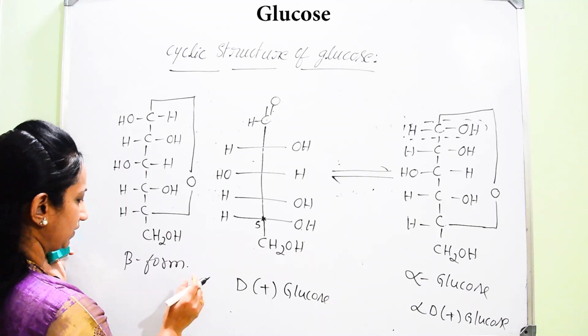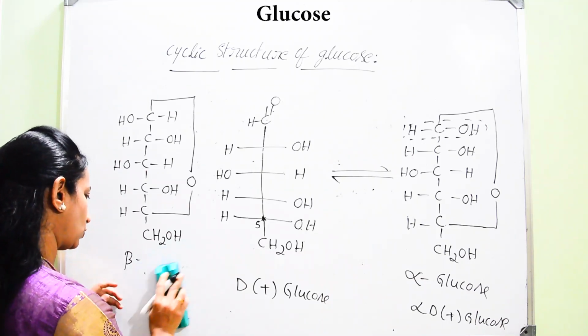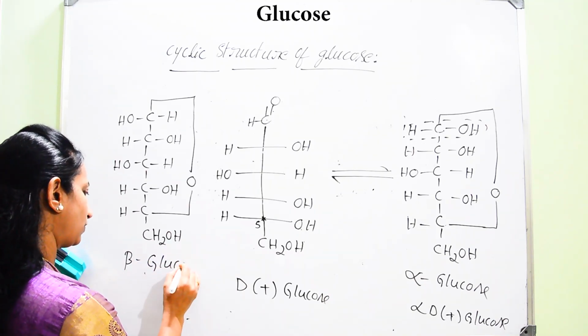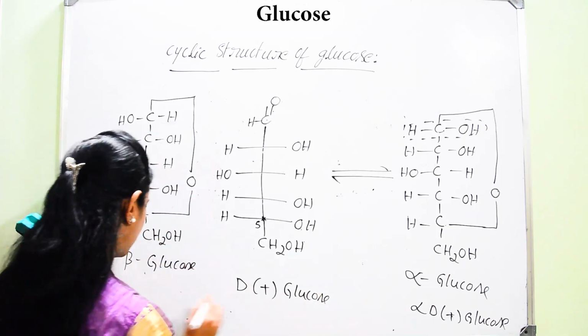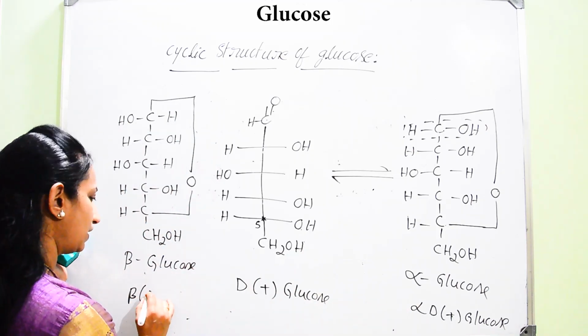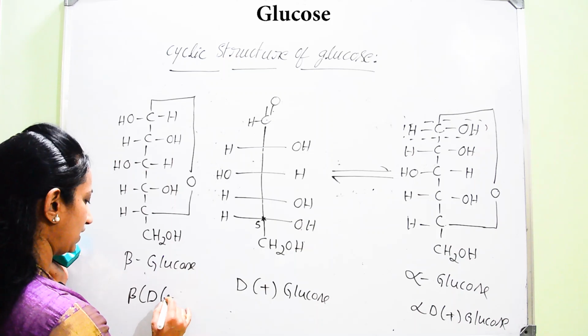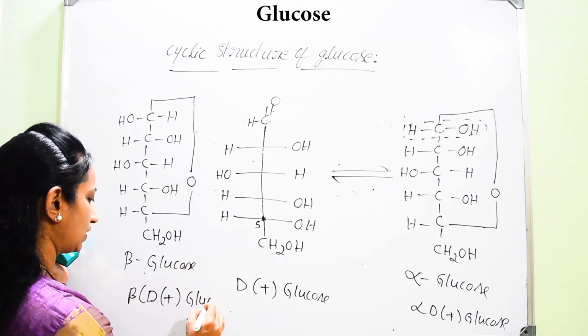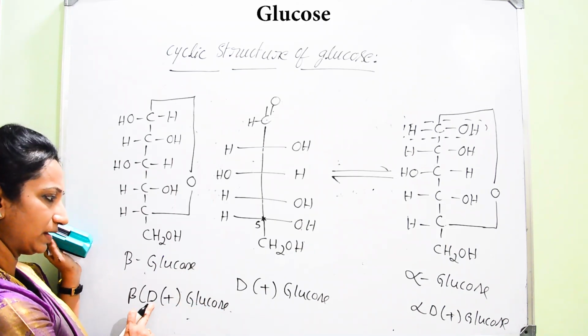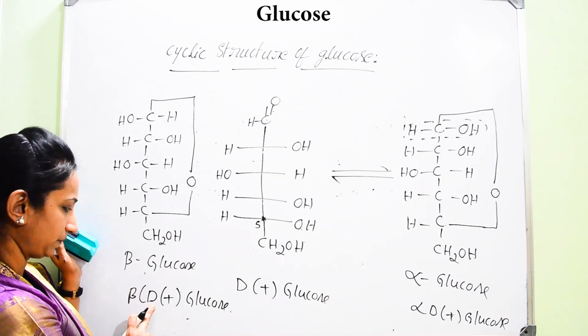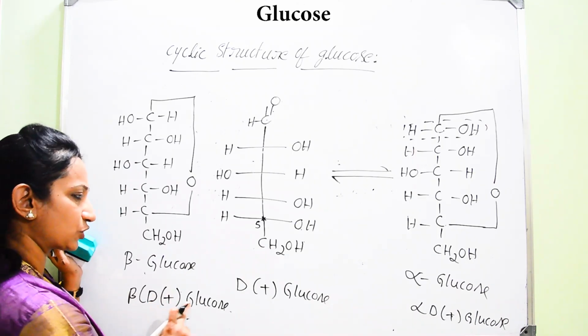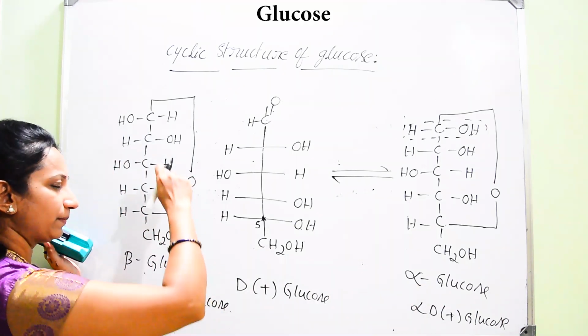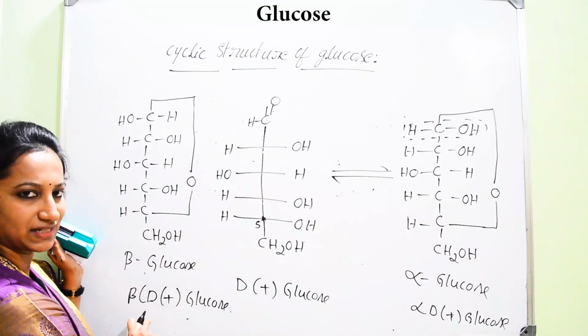Beta form of glucose. It can also be represented as beta D plus glucose. Both are represented by the capital D notation and both are dextrorotatory, with optical rotation towards the right hand side.